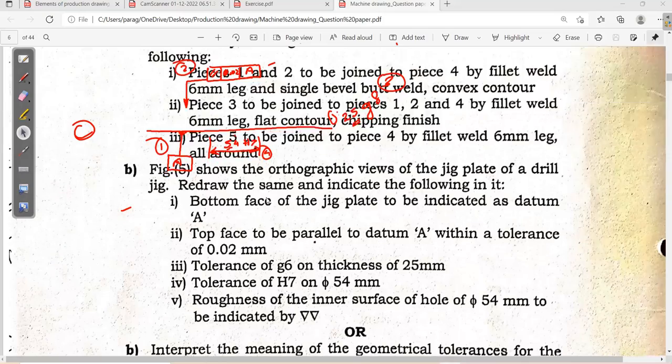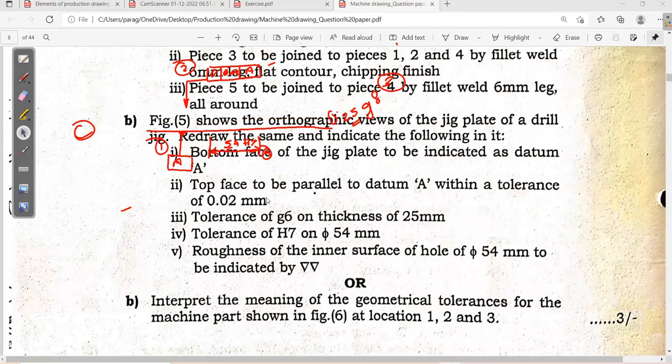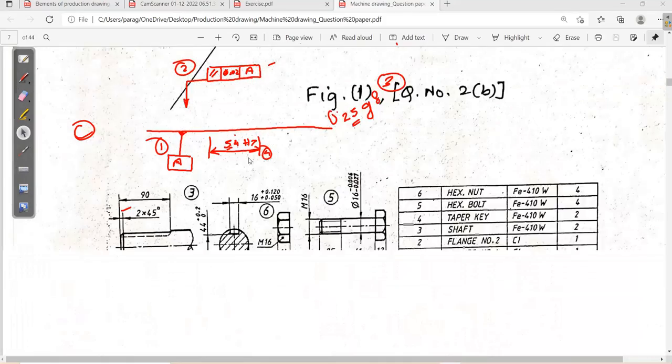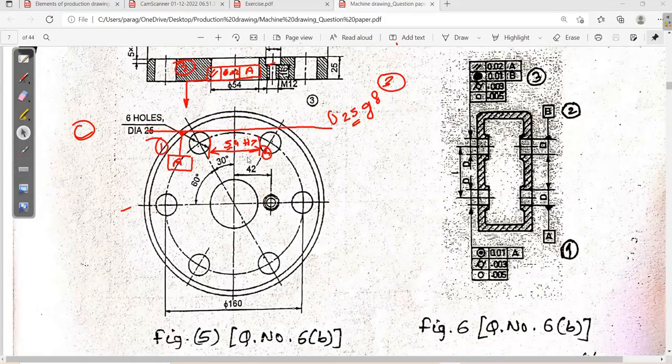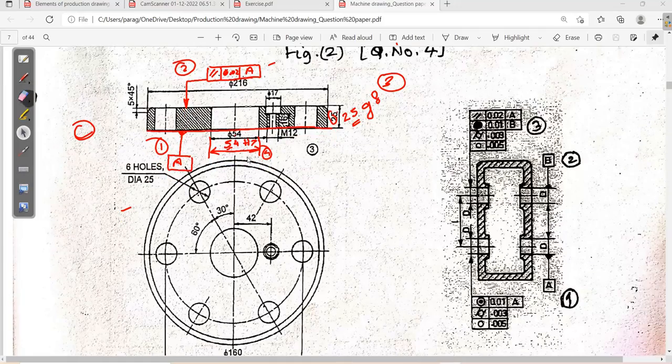Next, roughness. Roughness of an inner surface of hole 54 mm to be indicated by two triangles. So this is how you should represent the roughness. This is one method. Okay, so two triangles at diameter 54 mm. So we'll check where that 54 mm is. So this is the 54 mm diameter, right?